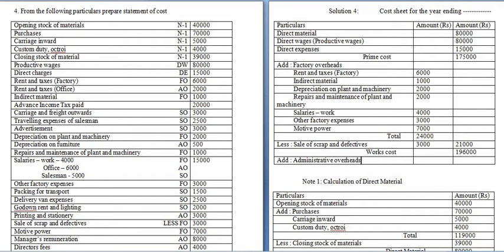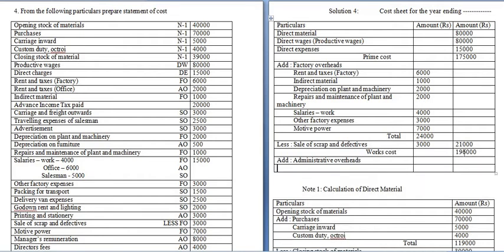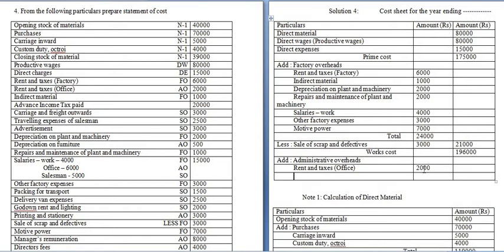Okay, now wherever AO we have written, all such expenses have to be taken. Go through the problem again. So here rent and taxes in bracket office is given, right? So take it down. Amount again in the inner column, that is 2,000. Next, again go through the problem wherever AO we have written.